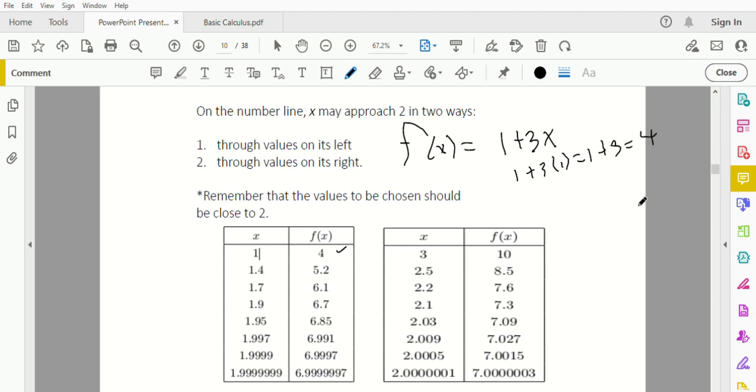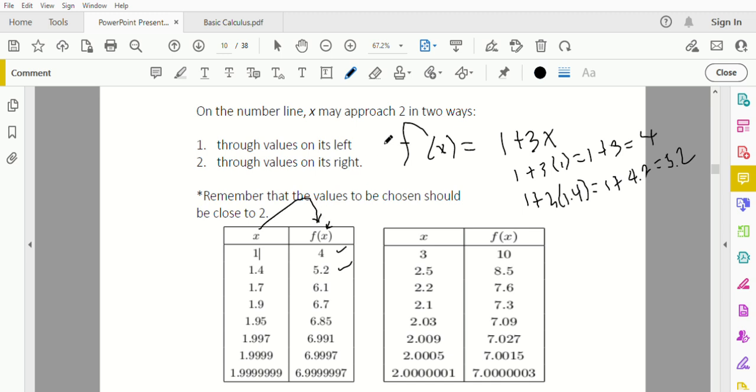Next, let's have 1.4. 1 plus 3 times 1.4 is equal to 1 plus 4.2, so this is equal to 5.2. And so on. In this case, you will just do the evaluation of the function. So you just substitute the value of x here.